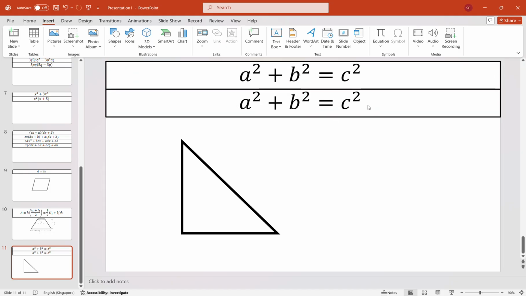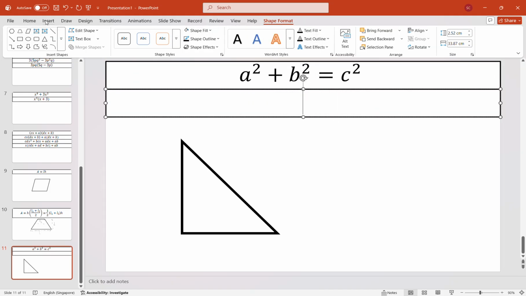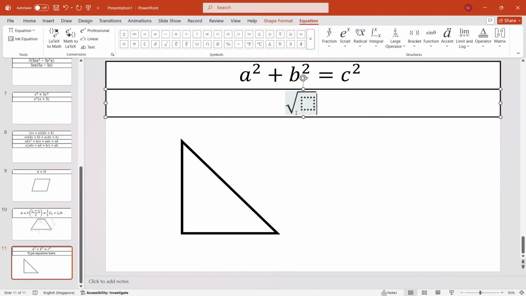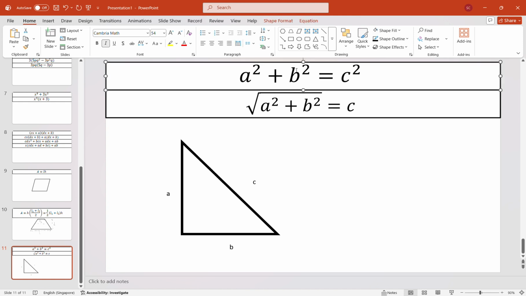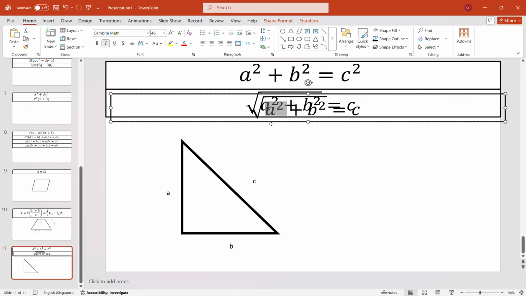And then I think we just gotta insert the square root of a squared plus b squared, which is equal to c. So we label this a, b, and c.